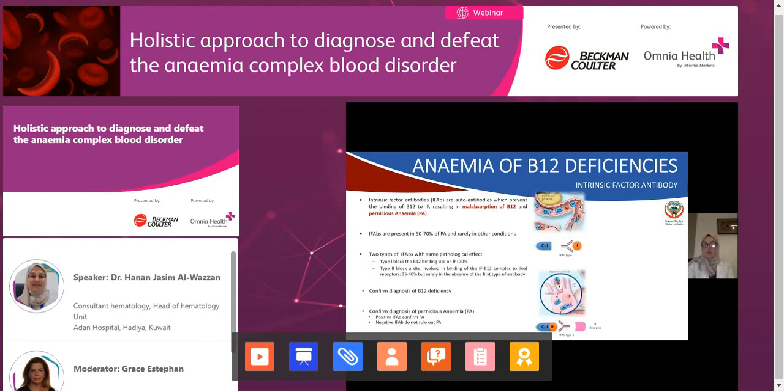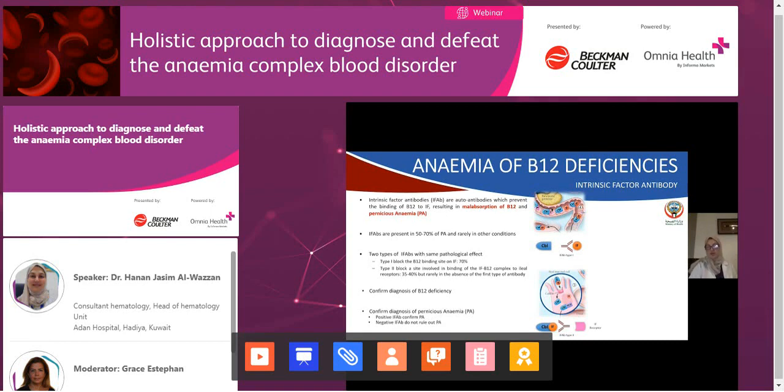The intrinsic factor antibodies are autoantibodies which prevent the binding of B12 to intrinsic factor, resulting in decreased absorption or malabsorption of B12, and this is called pernicious anemia. The intrinsic factor antibodies are present in 50 to 70% of pernicious anemia patients, and rarely caused by other conditions.